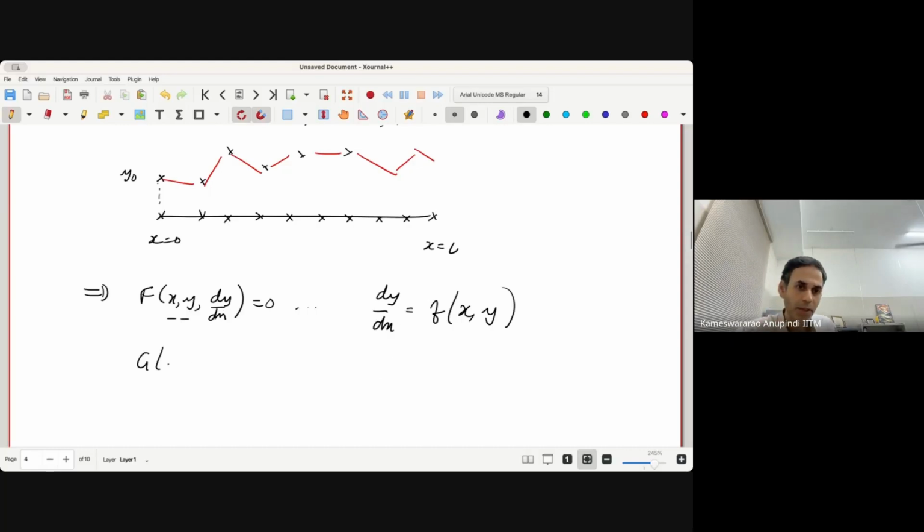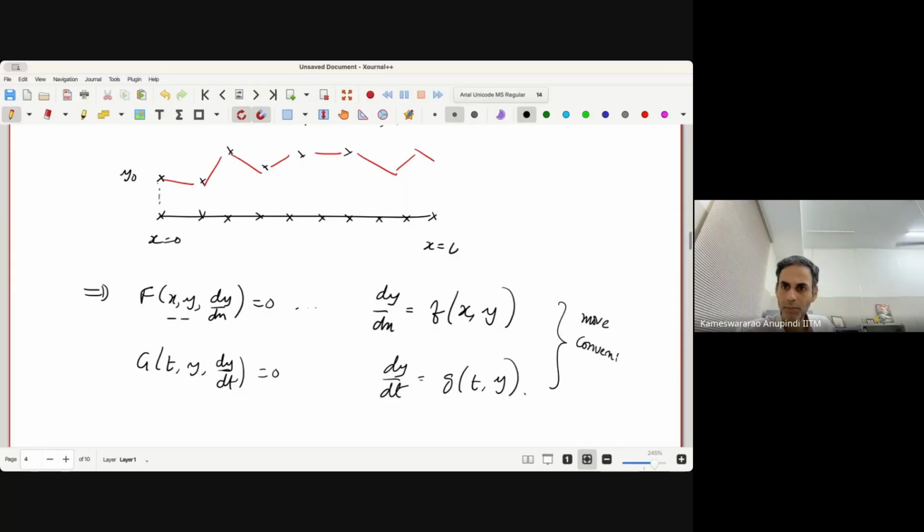Similarly, when somebody gives you g of t comma y comma dy dt equal to 0, we can write it as dy dt equals g of t comma y. Okay, so this is a more convenient form of the ordinary differential equation.